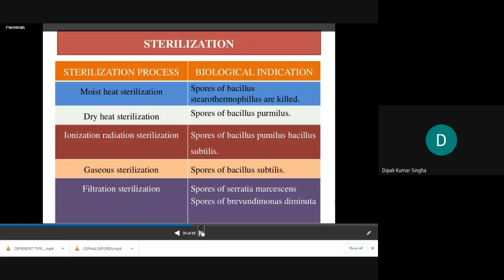Bacteriological indicators: for moist sterilization, spores of Bacillus stearothermophilus; for dry heat, spores of Bacillus pumilus; for ionizing radiation, Bacillus pumilus; for gaseous sterilization, Bacillus subtilis; for filtration, Serratia marcescens. These are the biological indicators I discussed.